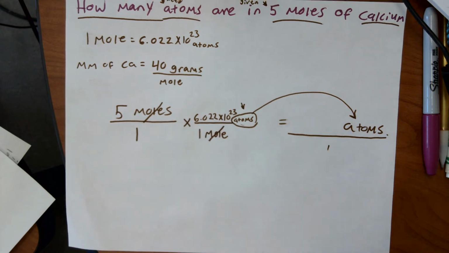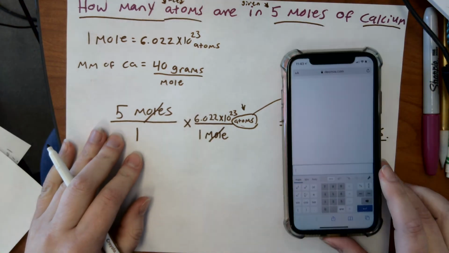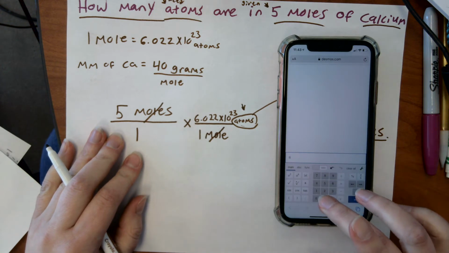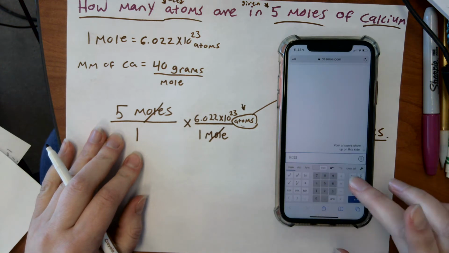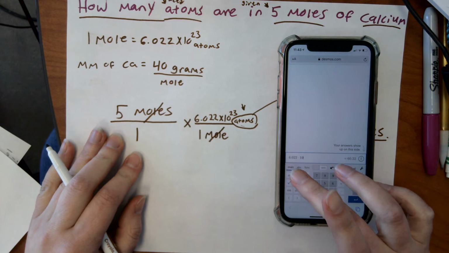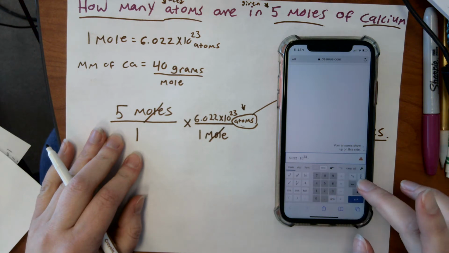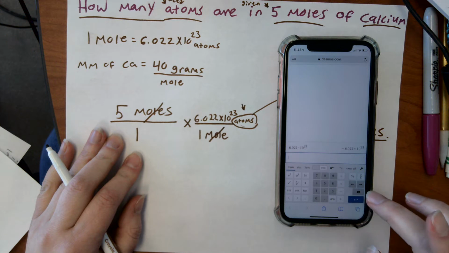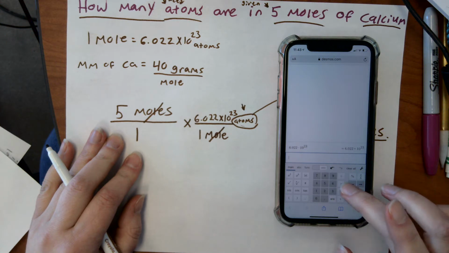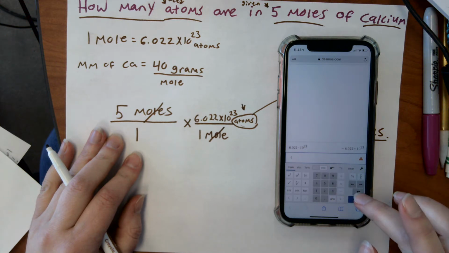Okay, so I'm going to load up Desmos here. So we got 6.022 times 10 to the 23rd. And we're going to take that and times it by 5.